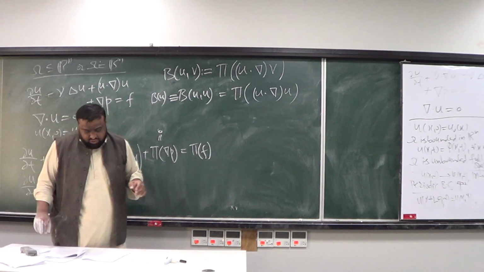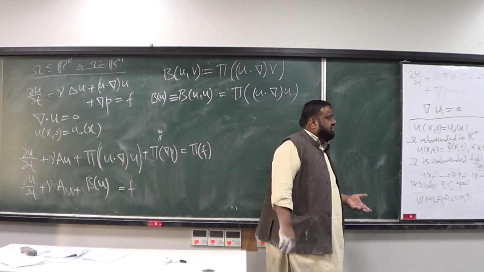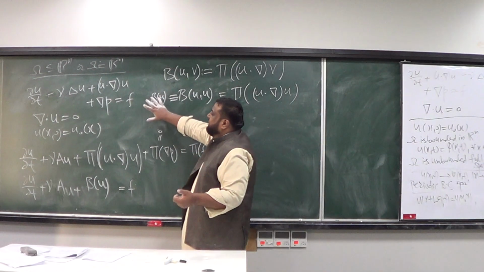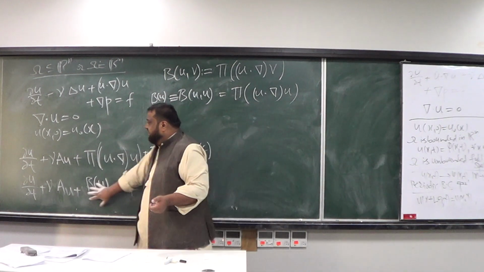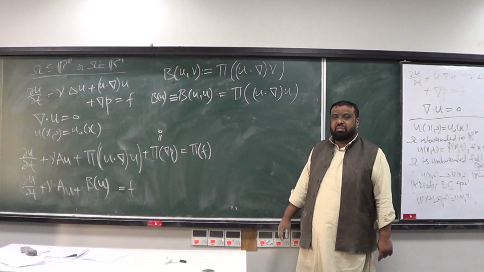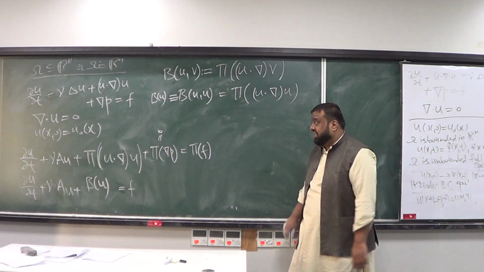Think for yourself how you can write this Navier-Stokes equation in such a form when your omega is a periodic domain. I'm not getting into it, so just do it for yourself.